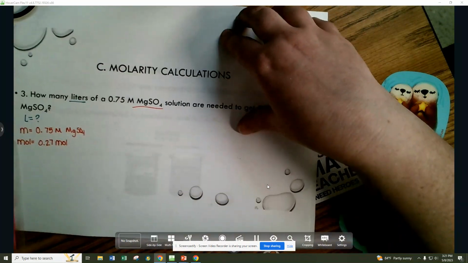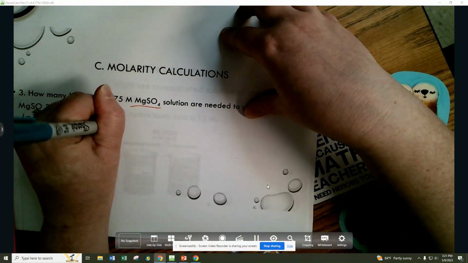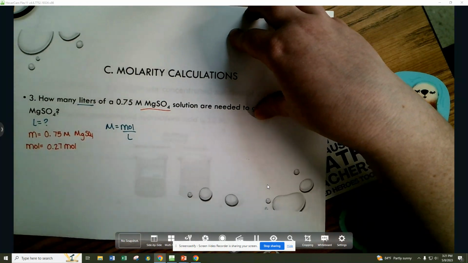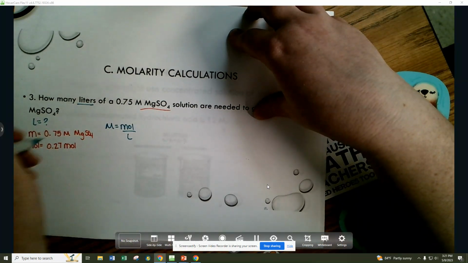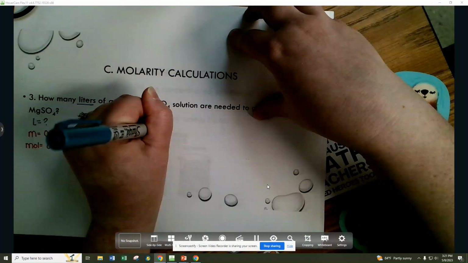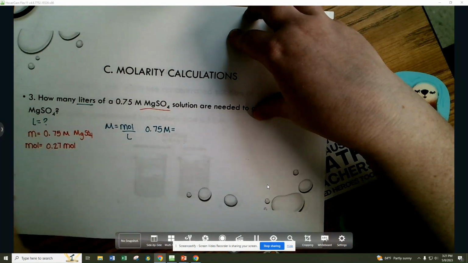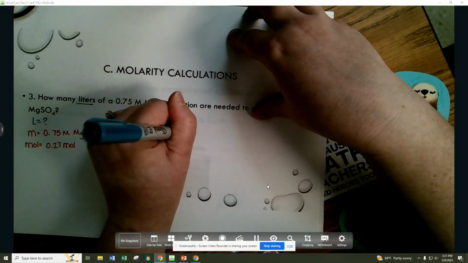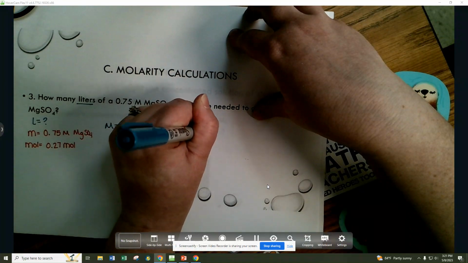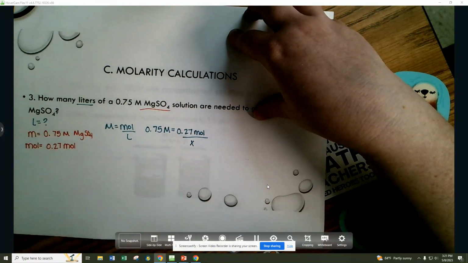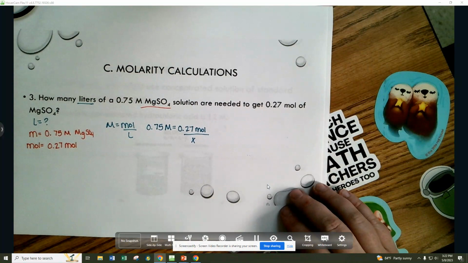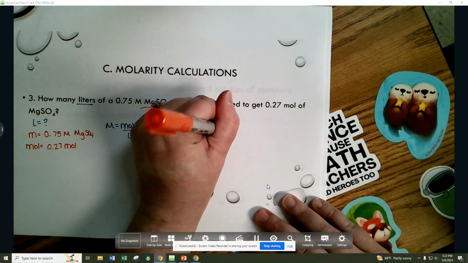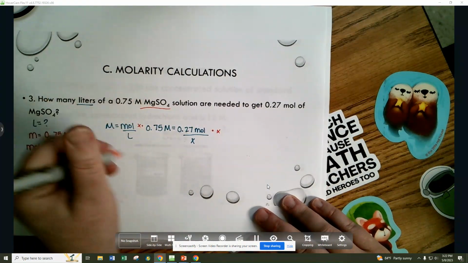So for our setup, we have that molarity again is moles over liters. I'm going to go ahead and plug in what I know. So my concentration, the 0.75, is equal to my number of moles, 0.27, over X. Again, we need to get X by itself through rearranging. So I'm going to multiply by X to get the fraction gone and X out of the denominator.